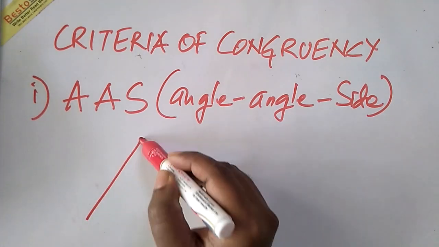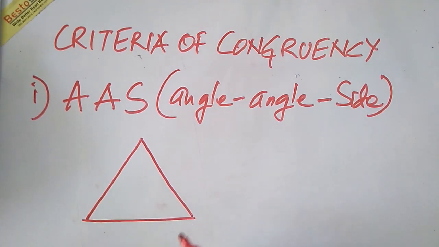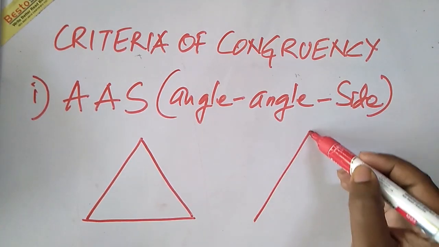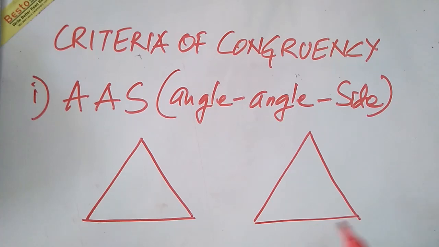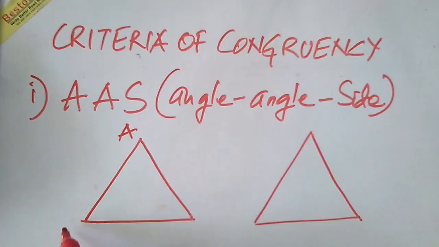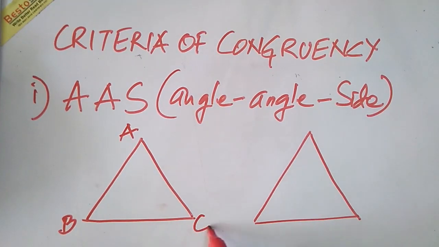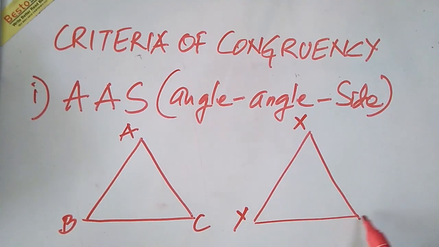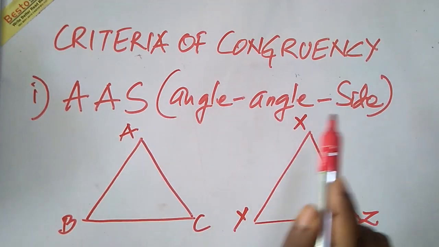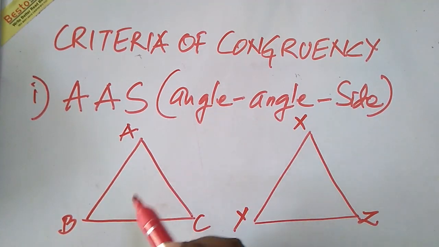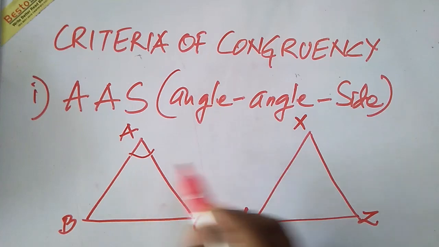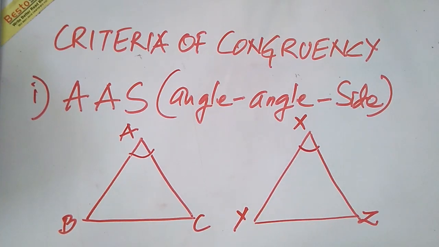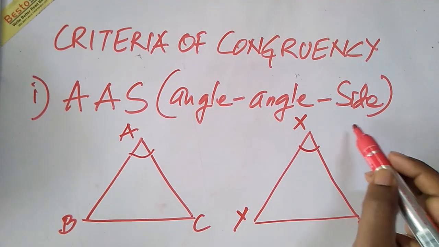For example, I'll quickly draw two triangles to make you understand. We have two triangles here, triangle ABC, and on your right you have triangle XYZ. Now it says that two corresponding angles should be same. For example, let's say that angle A and angle X are same, right?